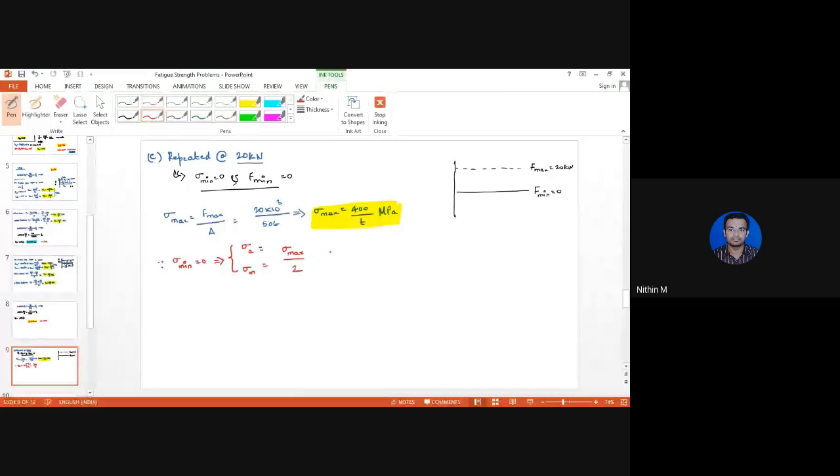Both stress amplitude and mean stress will have the same value. Thereby, in this problem, sigma A will be equal to sigma M, which will have a value of 200 by t MPa. Is the concept clear?